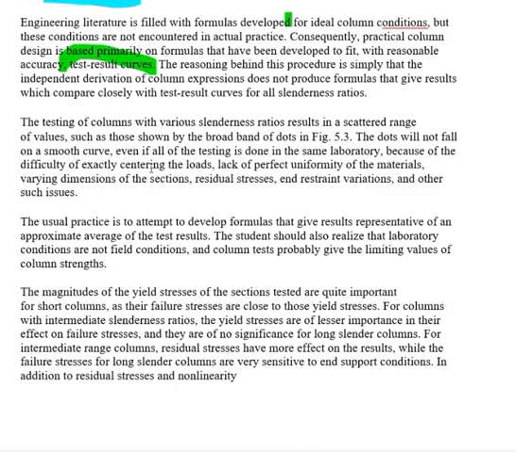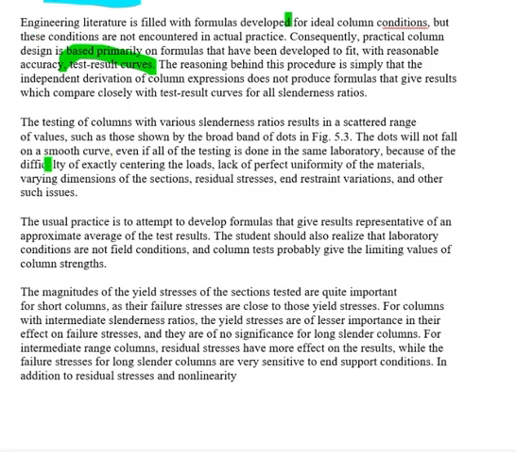So what does it say? That testing of columns with various slenderness ratios results in a scatter range of values, such as those shown by a broad band of dots. The dots will not fall on a smooth curve, even if all the testing is done in the same laboratory, because of the difficulty of exactly centering the loads.